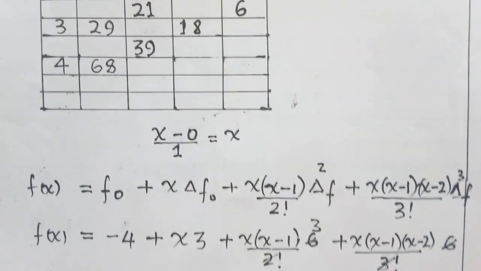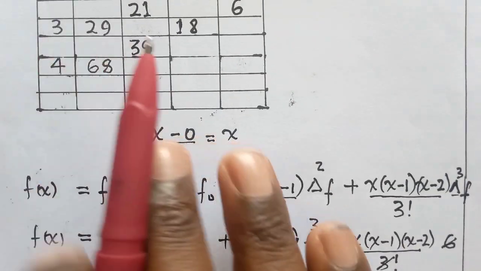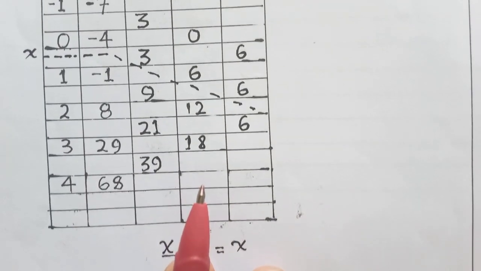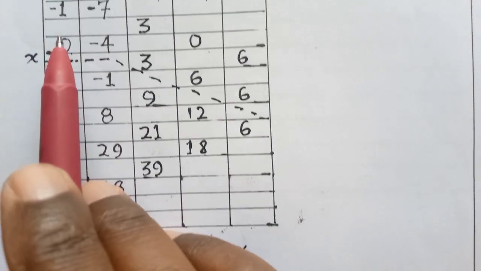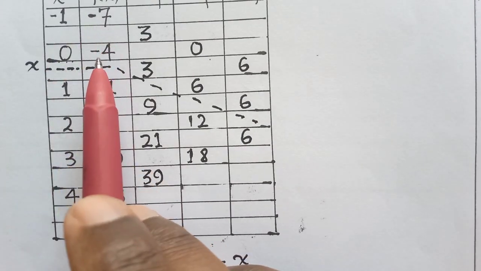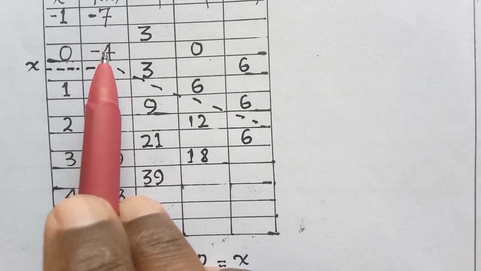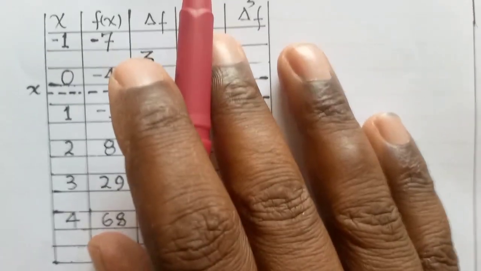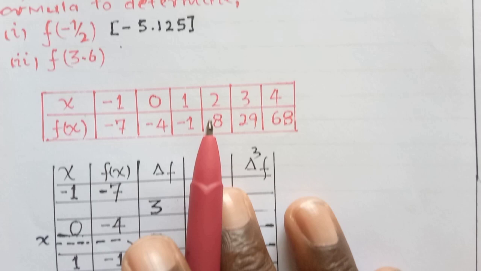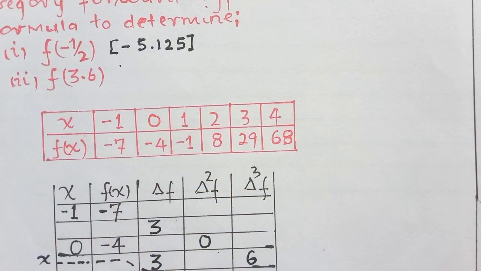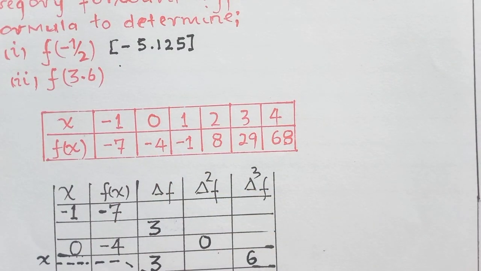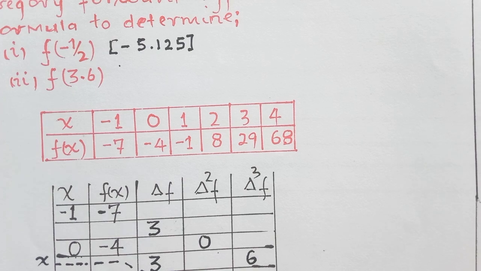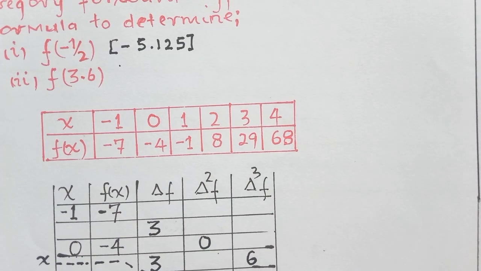So let's see whether the other one is in between. It may not be at the center, but it's supposed to be in between. For negative a half, our answer should be between -4 and -7. But we have found it is -5.125. At least that one we have a bit of assurance, or we at least know that we are not very wrong.